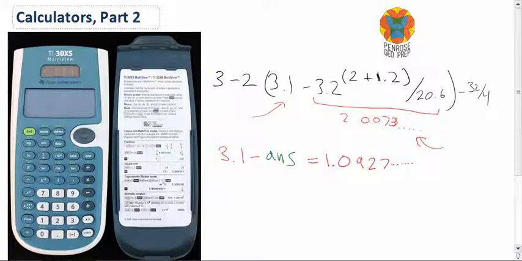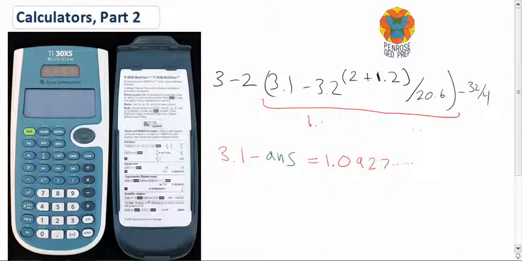Okay. Now, let's see what we've got. We did the order of operations, and so we figured out everything in these parentheses, and that was about 1.0927.